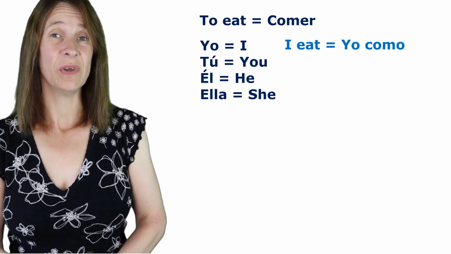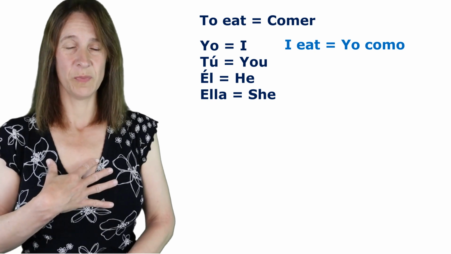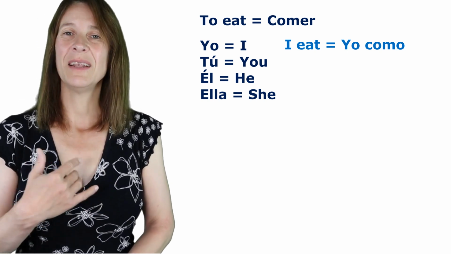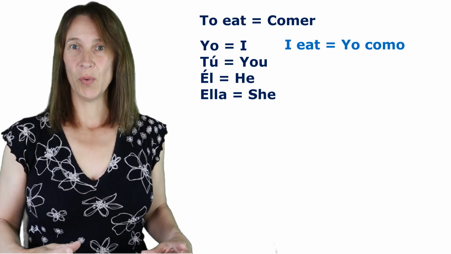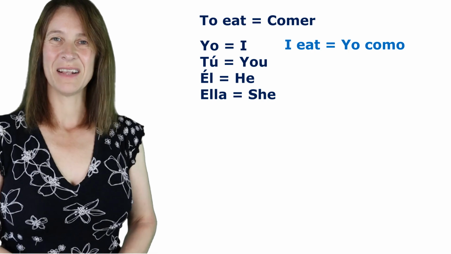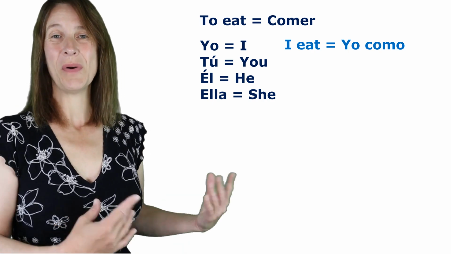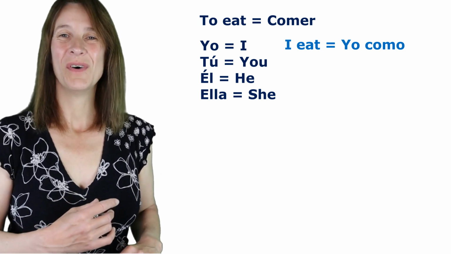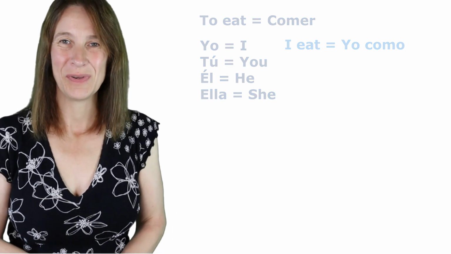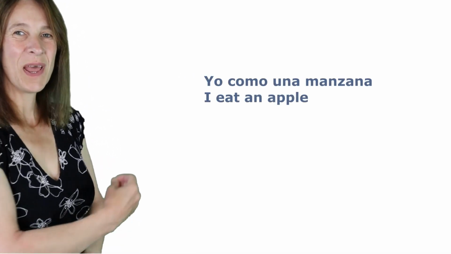You'll find that most verbs for yo, which means I, will end with the letter o. Now, in English, we say oh, and it's tempting to say that in Spanish. It's tempting to say yo como. Don't do that. Say yo como. And keep that o nice and short, okay, amigos? Bien. Yo como una manzana.